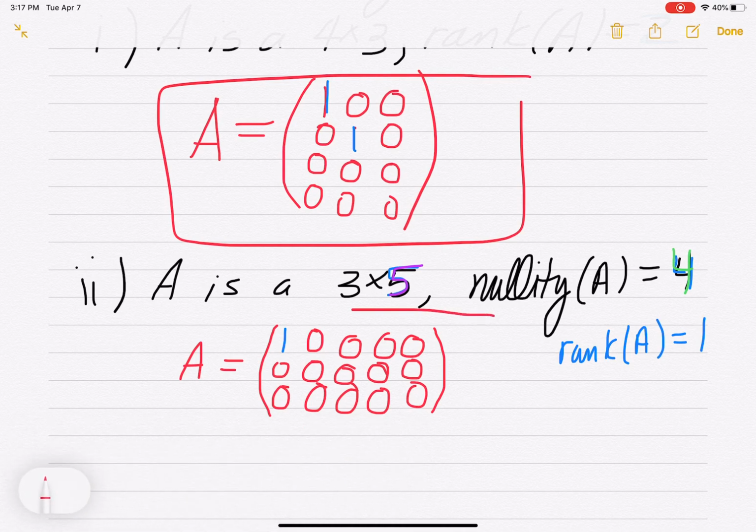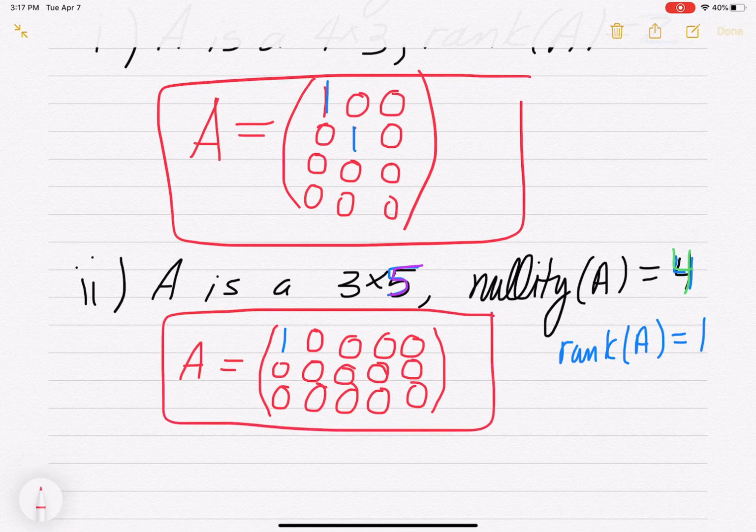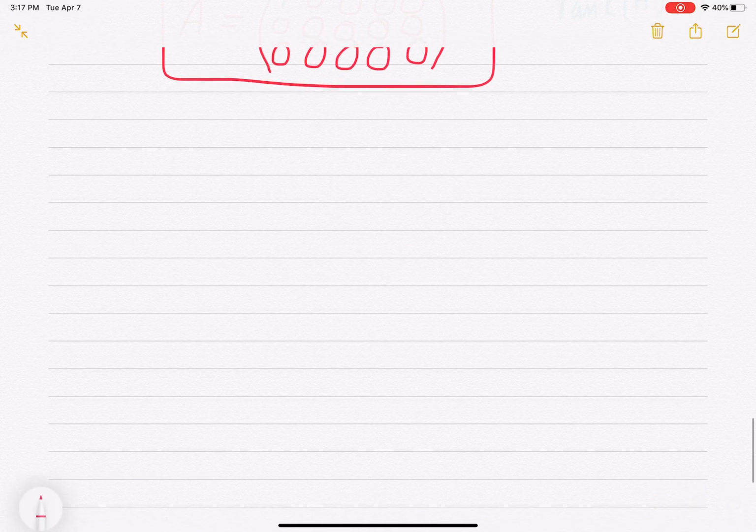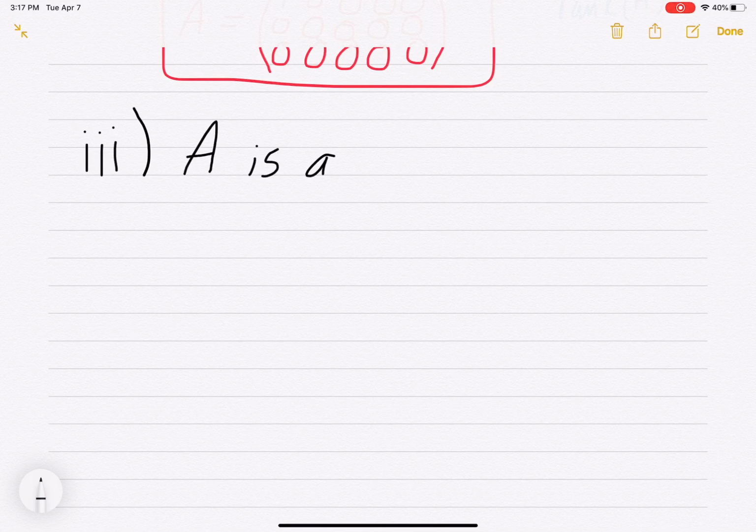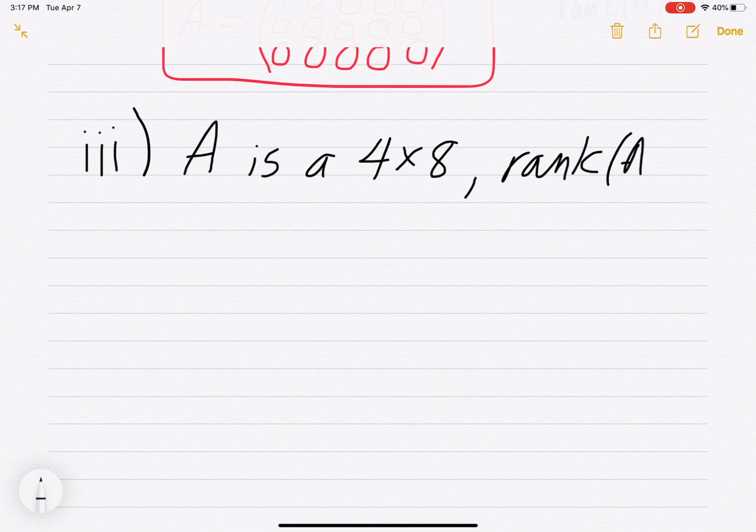Okay, let's see. What else can we do? Number 3. A is a 4 by 8 matrix, and we want the rank of A to be 5, if possible.